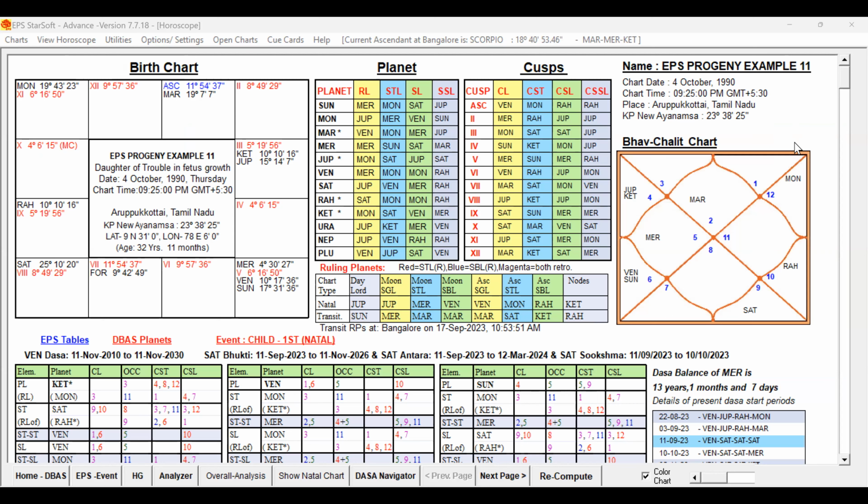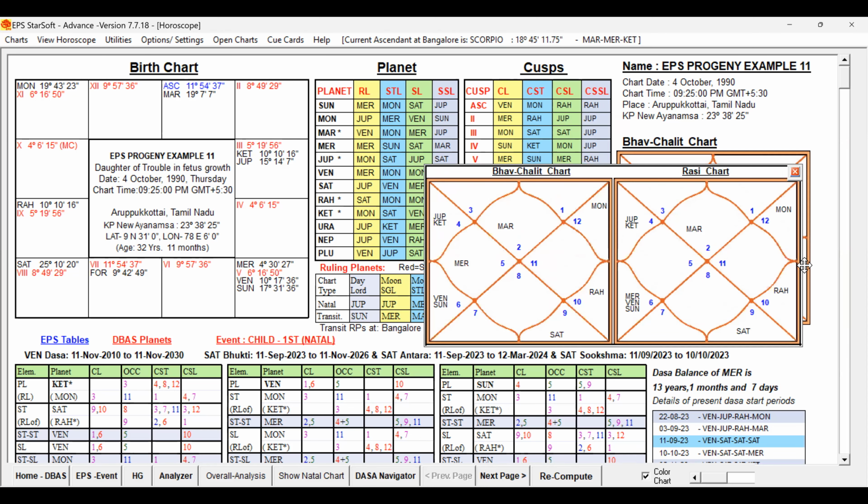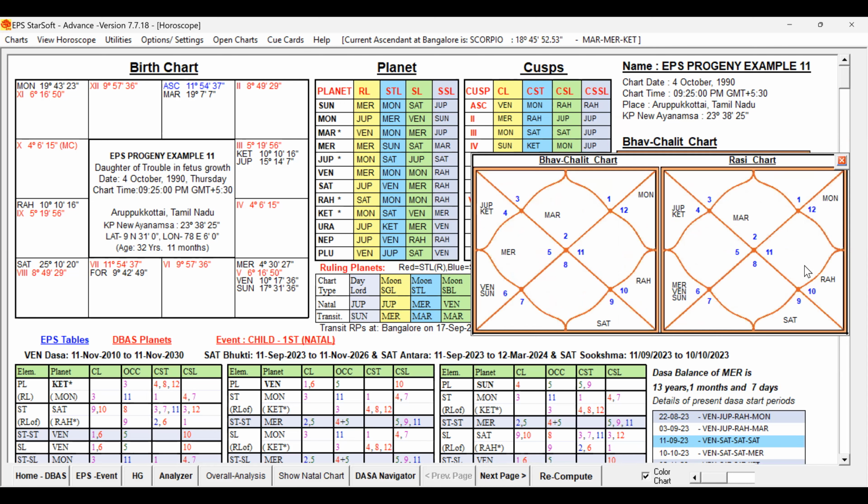We are going to study the destiny of the child from the lagna point of view of the child, and check those significations. Now let us do the general study. We will check whether the fifth house is afflicted by unfavorable planets.